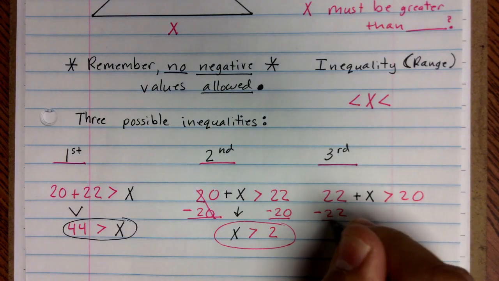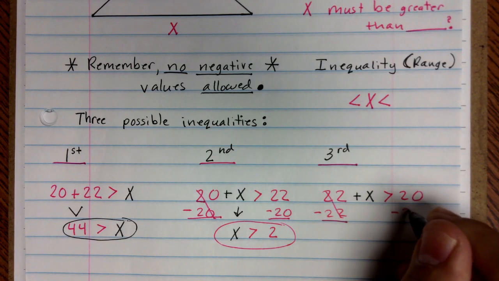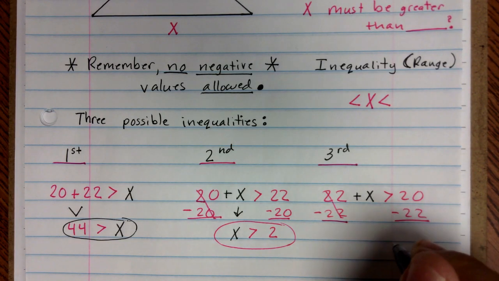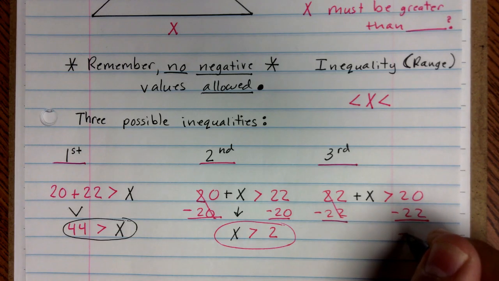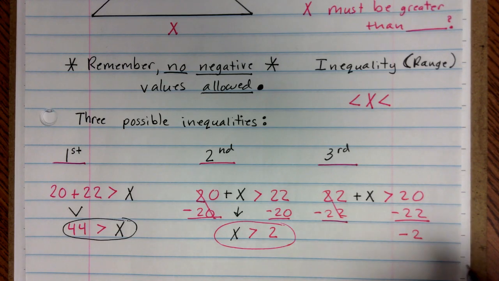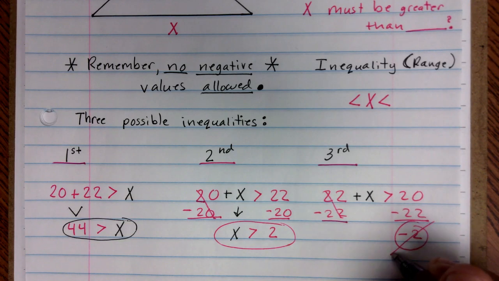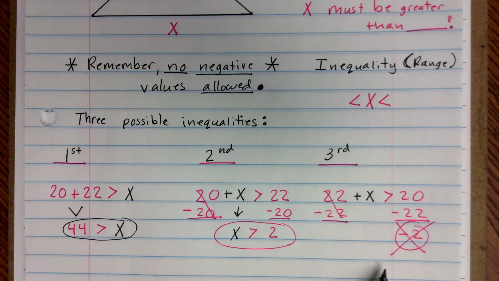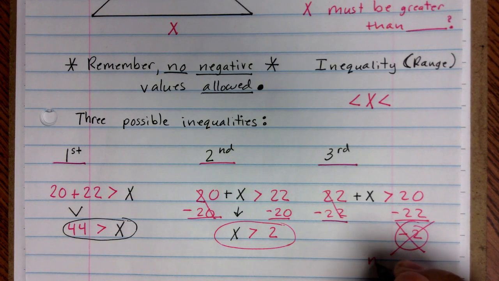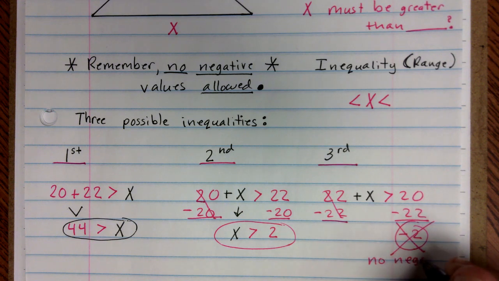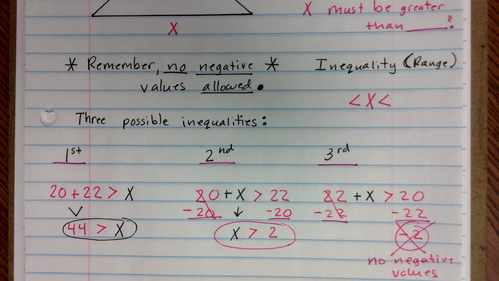Now when I do this one and I subtract 22 on both sides, notice it leaves me with a negative 2. So this one we will not use, right? Because we cannot have a negative value. So no negative values.